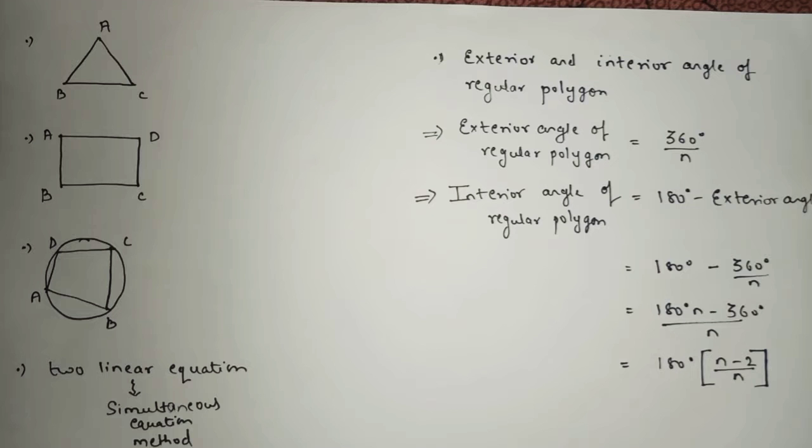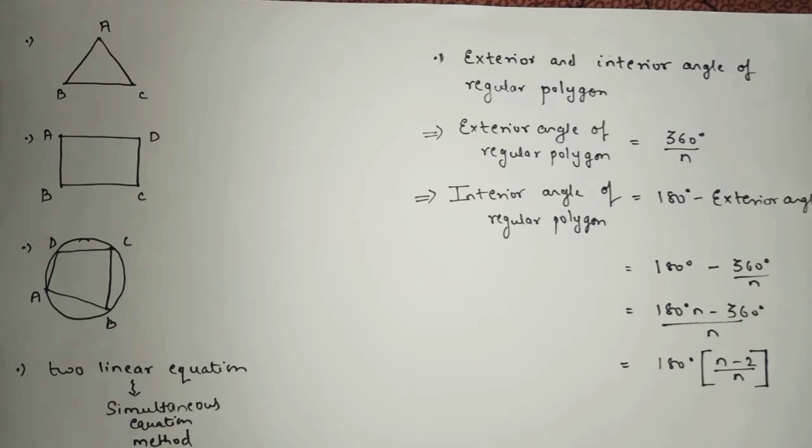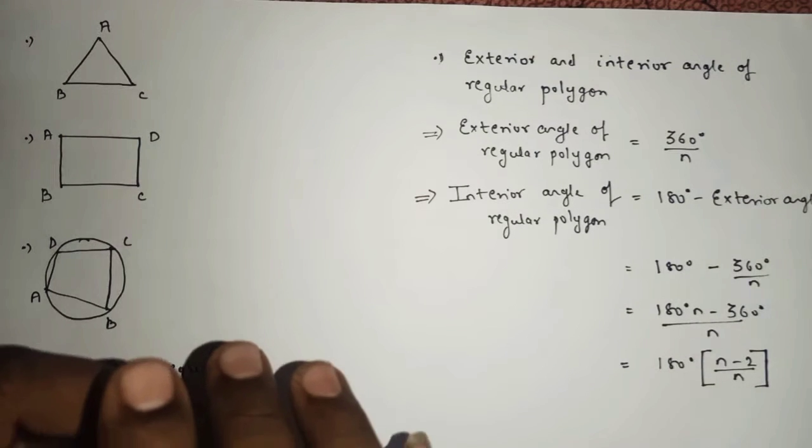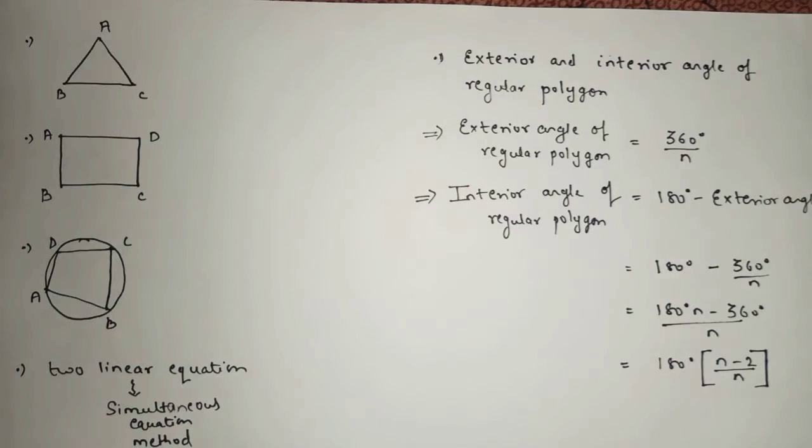Statement sum means what? You have to read and understand the question, you have to frame the equation, and then you have to solve the sum, yes or no? So before that, we'll see some basic properties of your lower standard, and then we'll start with the statement sum.